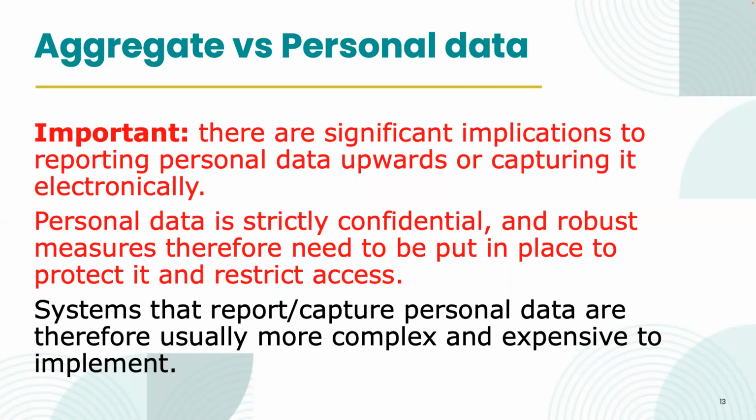So systems that capture personal data or report it upwards tend to be quite a bit more complex and expensive to implement than systems that collect aggregate data. If you think back to your HMIS, normally we can just give everybody access. The more we share this data, the better. Whereas when you're talking about an electronic medical record, we heavily restrict access to that information. Not even all doctors or nurses will get access. Often only the doctors or nurses caring for that patient will have access to the information.